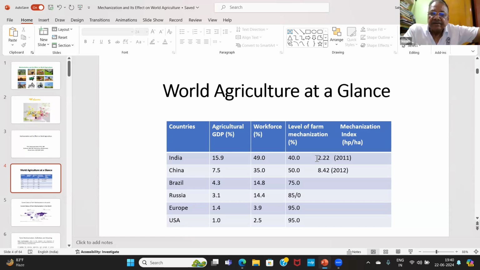After that, I could not get any information. China also: 7.5% contribution to GDP, 35% workforce, 50% mechanization, but it has improved. We'll see later on. And 8.42 horsepower per hectare. For others, there is no research paper or data on the mechanization index. Other information is there, and something has changed, we'll see later on.